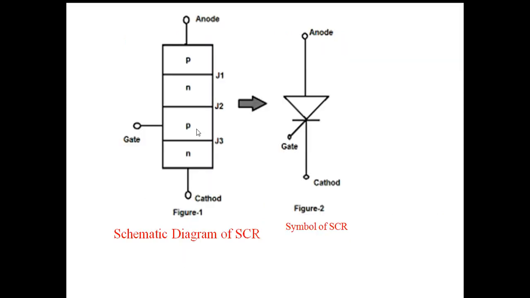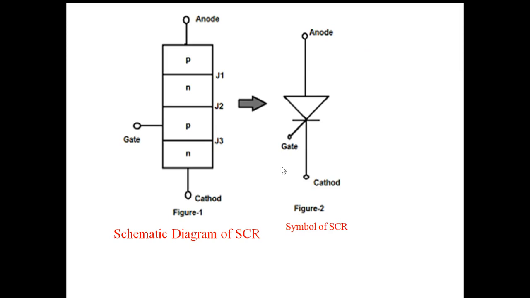So this is the schematic representation of the silicon controlled rectifier: four layers PNPN, three terminals anode, cathode, gate, and three junctions J1, J2, J3.